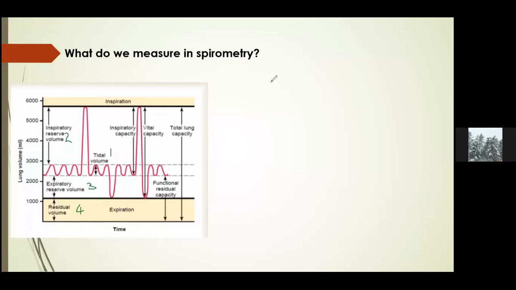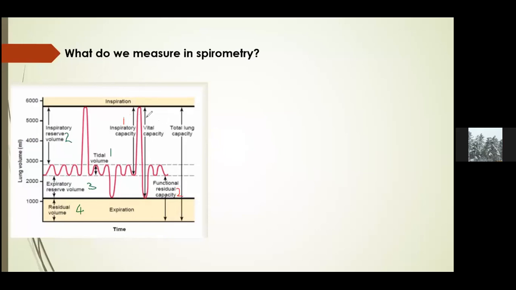So always remember 4 volumes. The next thing I want you to take into account is the capacities. How many capacities do we have? We said a capacity is the sum of more than one volume. And the first one we described is, I'll put it in red, inspiratory capacity. And then we have the functional residual capacity.